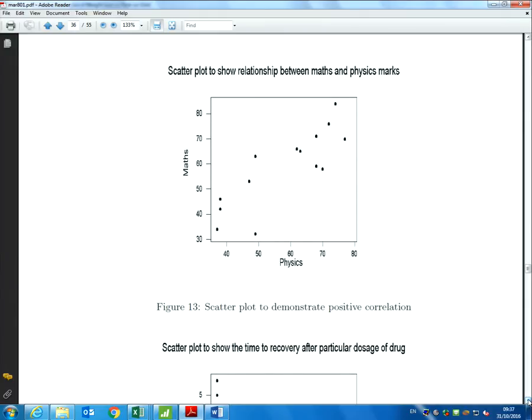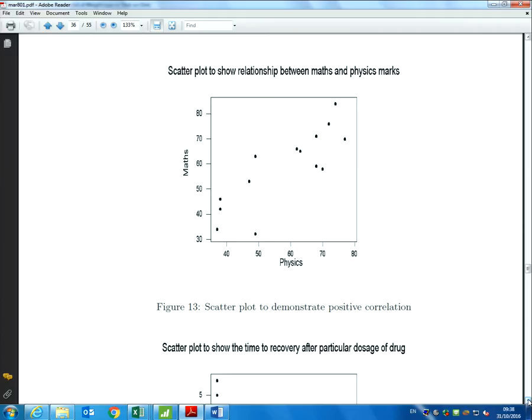Okay, why is that? Well, what have we said about correlation coefficients? What do they quantify? Strength and direction.